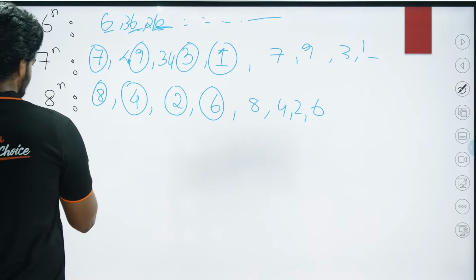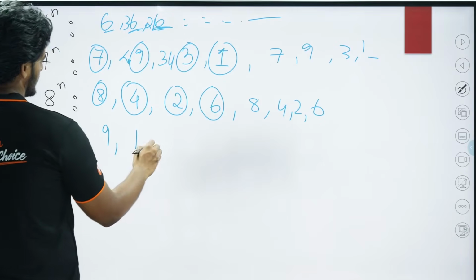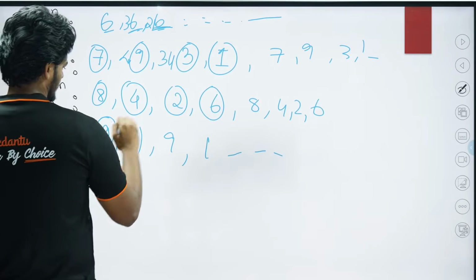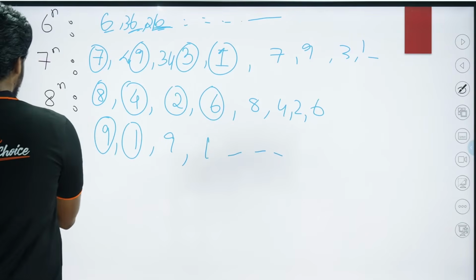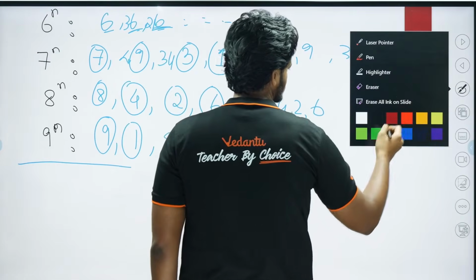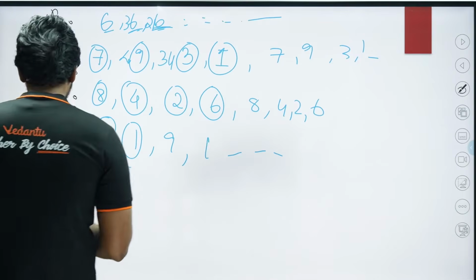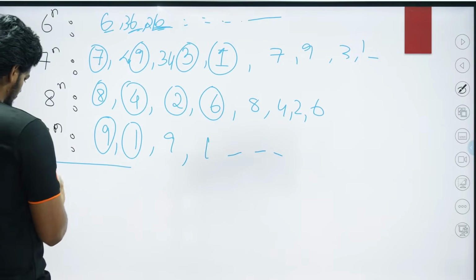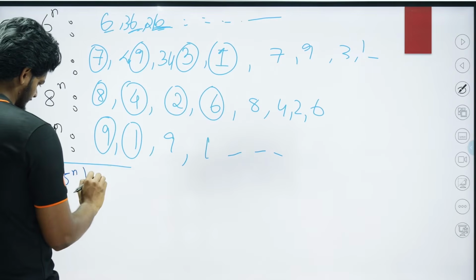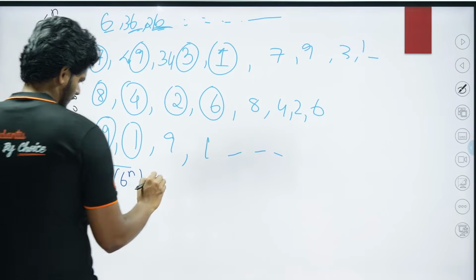9 power n, it's 9. 9 9s are 81, and the moment there is 1, it's going to be 9 again. So for 9, it is only 2. So for which numbers is it repeating only once? If you take unit digit of 5 power n, unit digit of 6 power n, always the same.